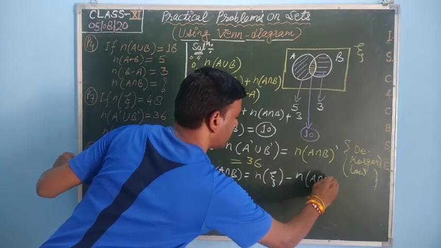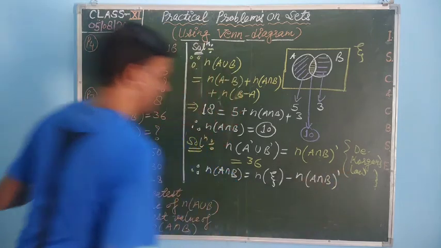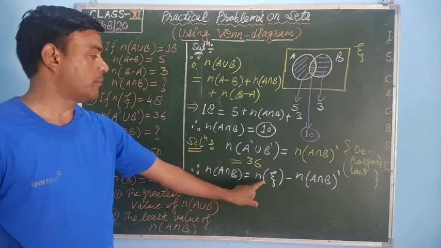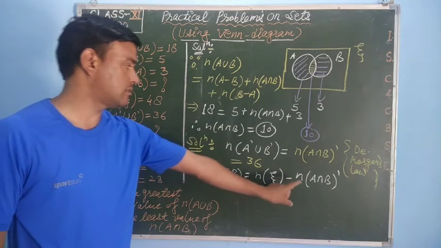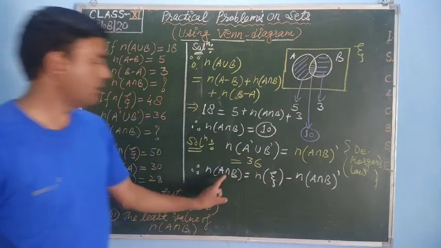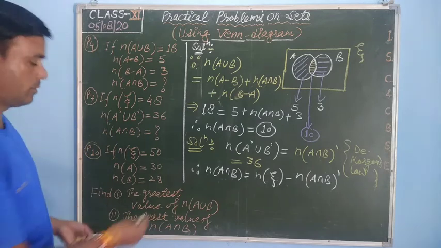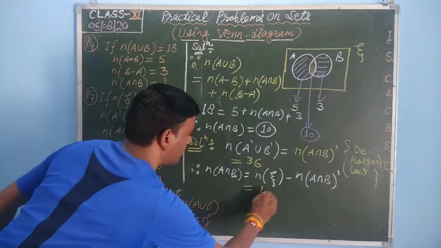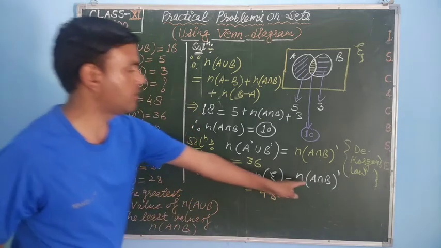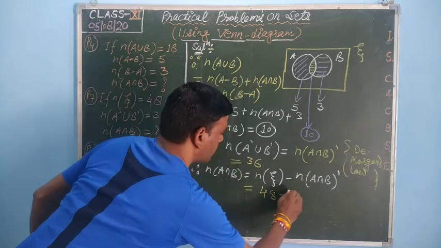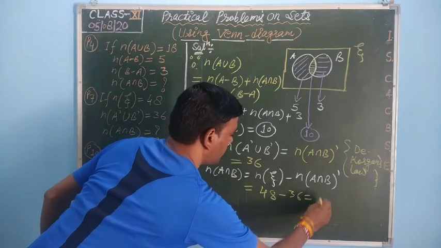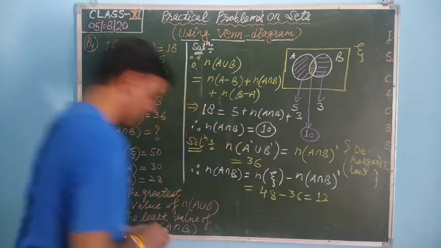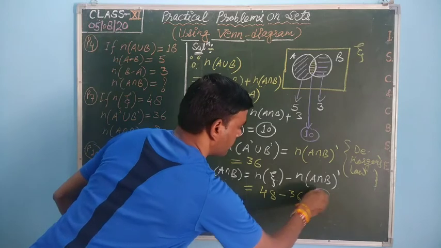So the number of elements in any set is equal to the number of elements in the universal set minus the number of elements in the complement of the set itself. So you will get the value here. N is already given as 48, and what value we got here, 36. Then the answer will be 12. Okay, so this is the answer for this one.